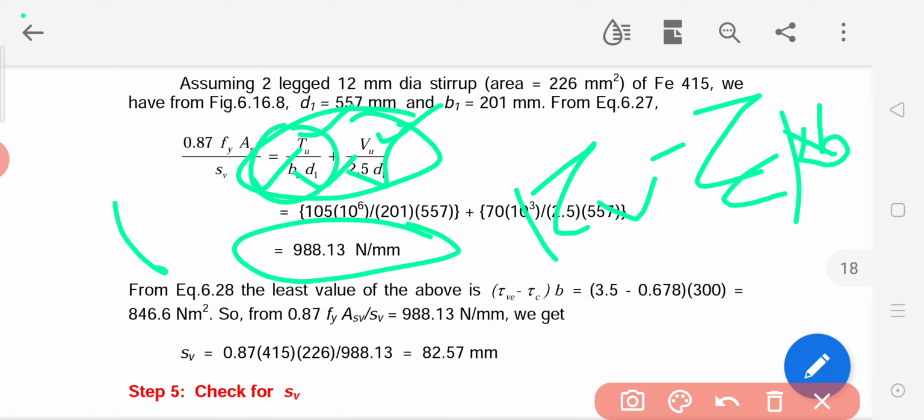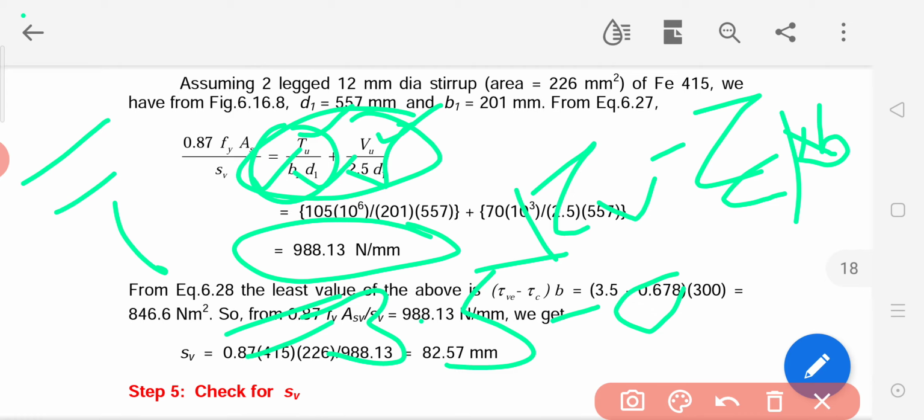So we put the values: tau v equal to 3.5 minus tau c, which is 0.678, into b, which is 300. So we get the value 846.6 mm square.